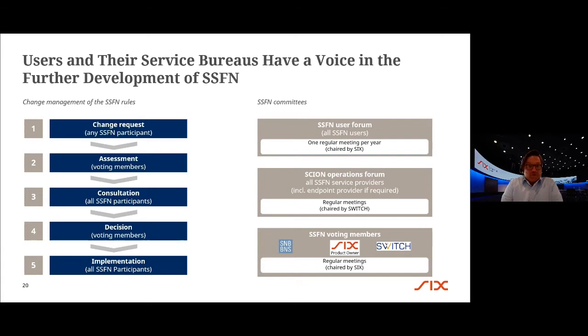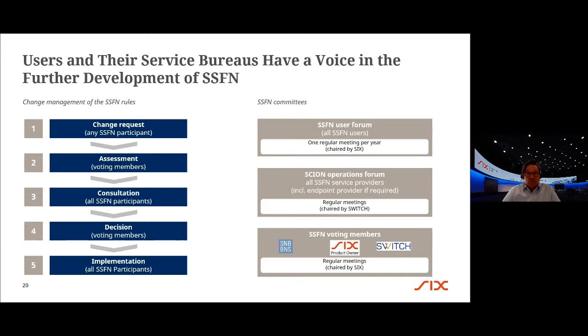And after assessment of the change request, we will involve all the parties for consultation on these change requests. And after this consultation, we will make a decision whether to implement the change requests or not. And then it will go to production.